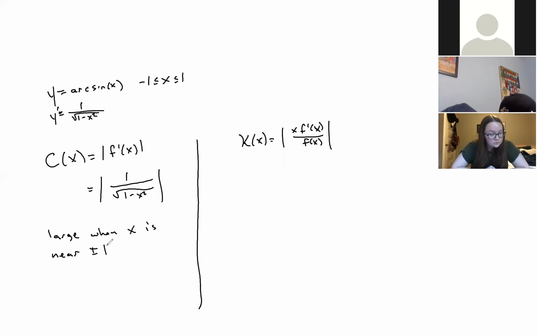And for the relative condition number, this one was a little bit uglier, but this comes out to x over arc sine of x times the square root of 1 minus x squared, inside the absolute values.